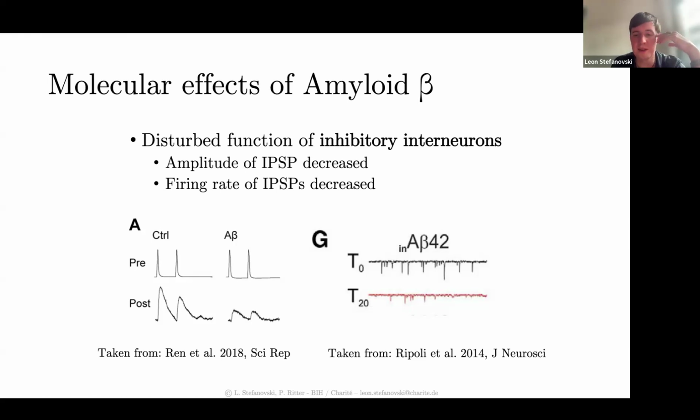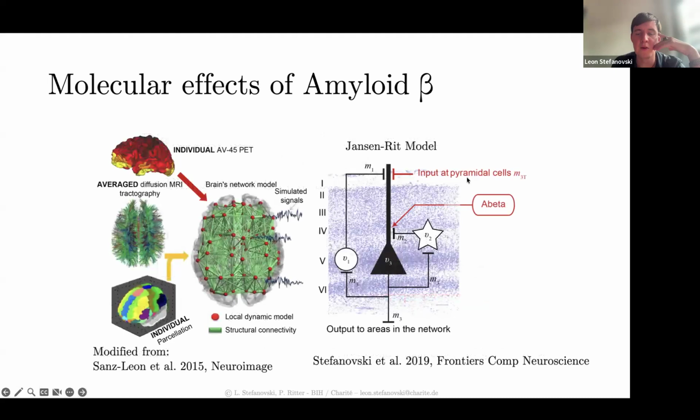So there were two possibilities to implement this, and we decided to use the inhibitory time constant, a dendritic time constant, which can mostly be interpreted as a decrease of the firing rate in the Jansen-Rit model, a model with three neuronal populations: pyramidal cells, inhibitory and excitatory interneurons. We used the standard setup for this model and just changed one parameter, which is this time constant, dependent on the local burden of amyloid beta.